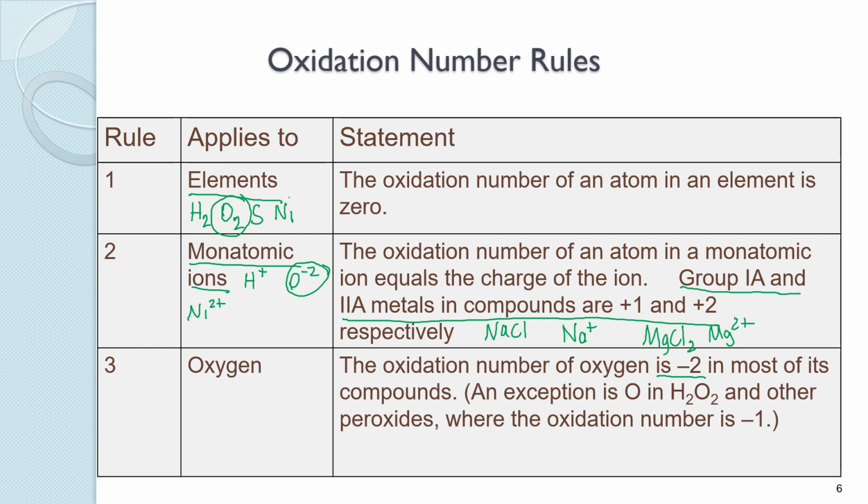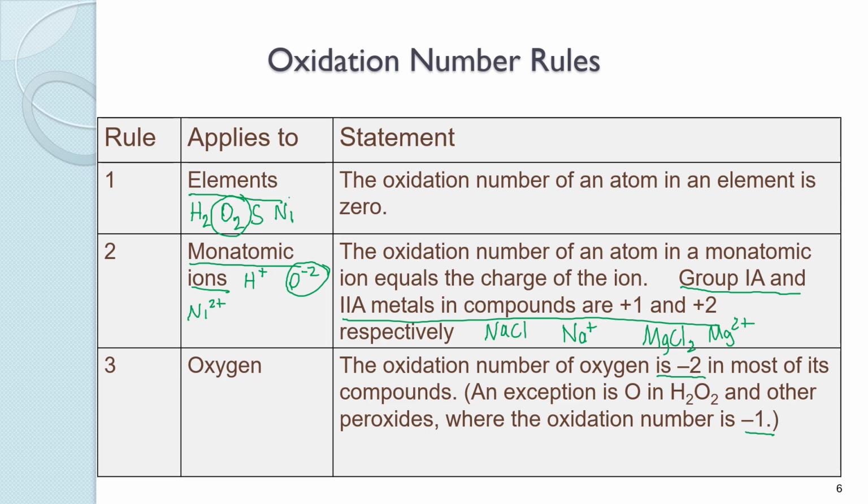Every once in a while, with a peroxide like H2O2, oxygen will end up being -1. I'm going to try to keep it simple for you and not give you an exception to the rule, or if it is an exception, I'll let you know that oxygen is -1 so that you can use that. But for most cases, if oxygen's in a compound, we can assume the oxidation number is -2.